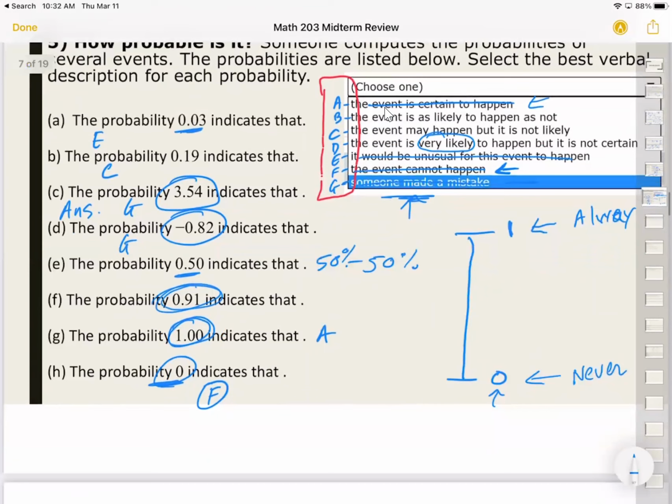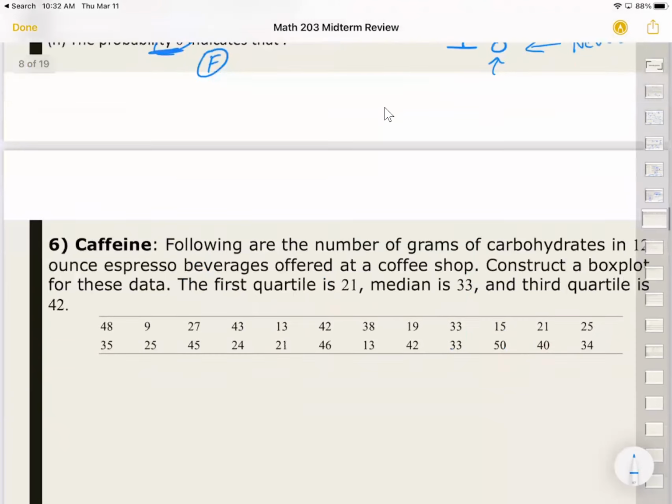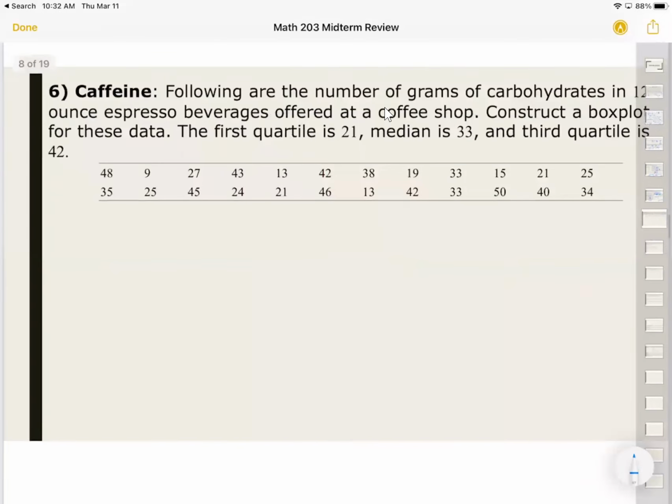Let's go to 6. We move to chapter 2, or go down to chapter 2. How do we create this box plot? The reason why I picked this question is that they might ask you for the IQR, the interquartile range.